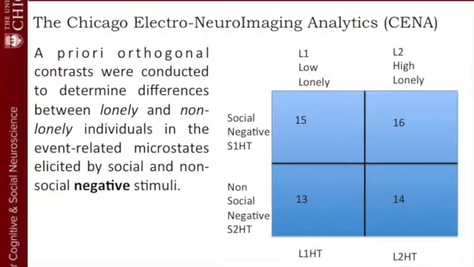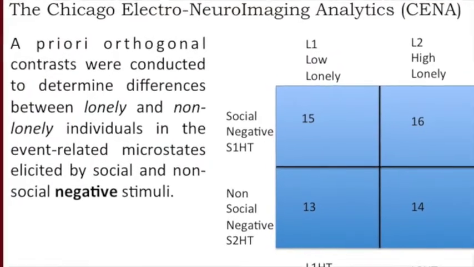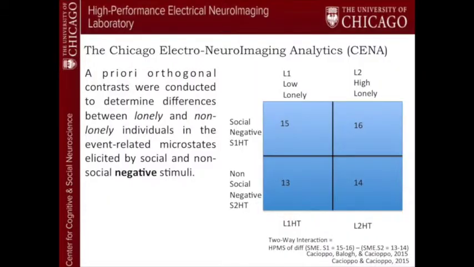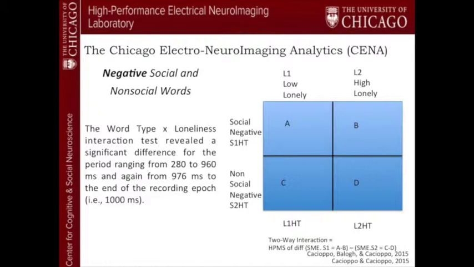In terms of SINA analysis, a priori orthogonal contrasts were conducted to determine differences between lonely and non-lonely individuals in the event-related microstates elicited by social and non-social negative stimuli. A parallel set of orthogonal contrasts were conducted for positive stimuli. Because of time limitation today, I will focus on the negative stimuli.